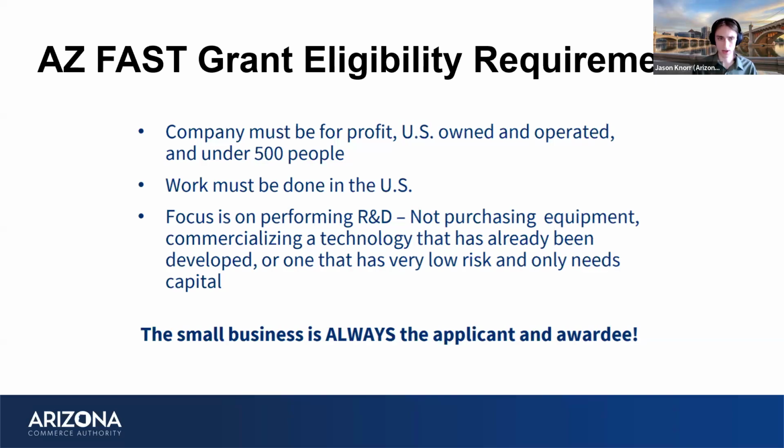And I think Lou will come back and explain a little bit more about what those applications look like at the end of the webinar. But to apply for the AZ FAST, you must be a US company. In particular, we want you to be an Arizona company. We want you to be under 500 people, and the research must be done here.